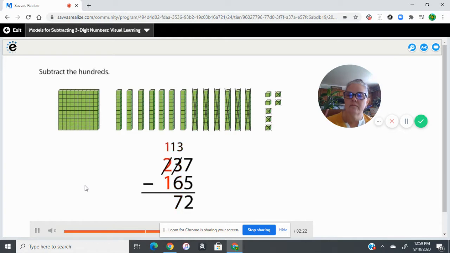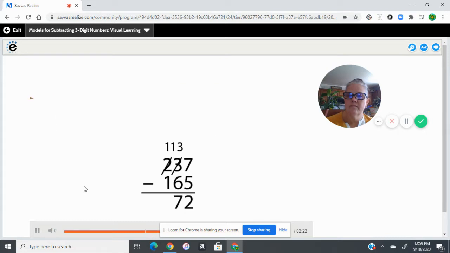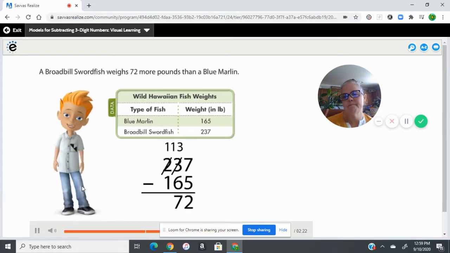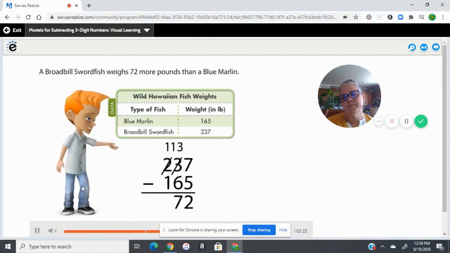Subtract the hundreds. 1 hundred minus 1 hundred equals 0 hundreds. So 237 minus 165 equals 72. A broadbill swordfish weighs 72 more pounds than a blue marlin.